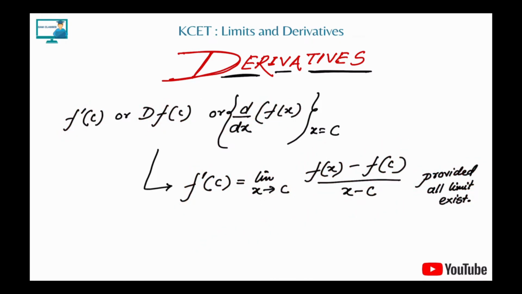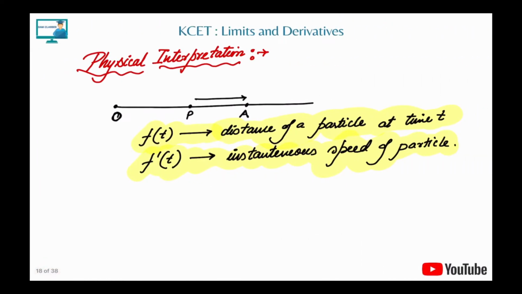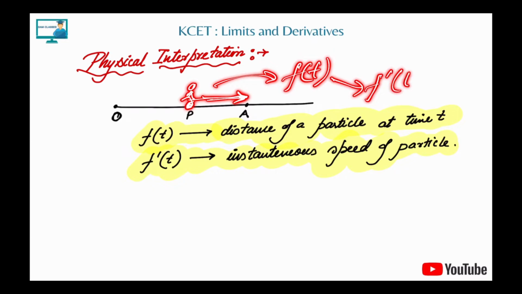Now let's see the other parts of derivatives. What is the physical interpretation? Let's say you are at a point here and you are running. When you are covering a distance, your distance is given by a function f of t. When I differentiate this f of t, when I differentiate distance, what do I get? Speed, correct.